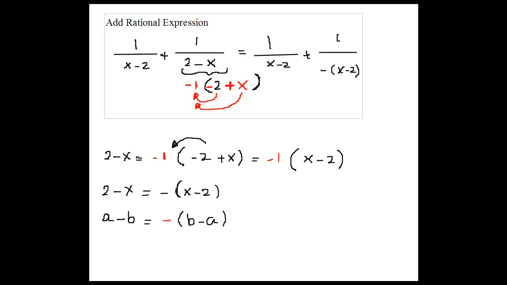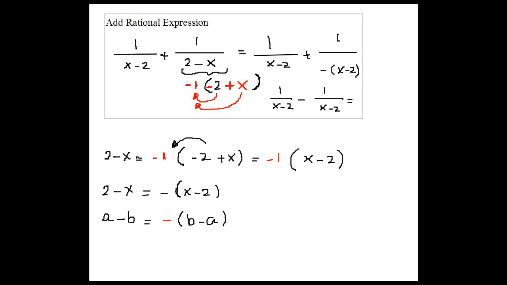I can include these two signs together. I can say plus and minus, that would be minus. So this whole thing would be 1 over x minus 2 minus 1 over x minus 2. Now the LCD is exactly the same.